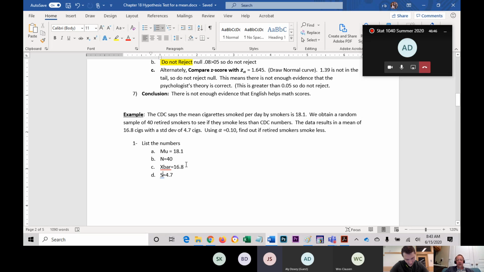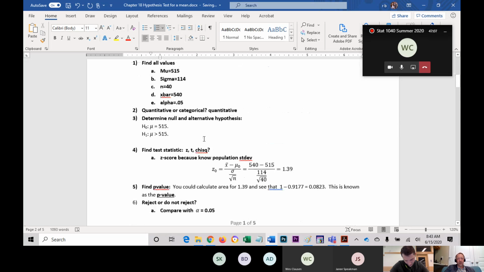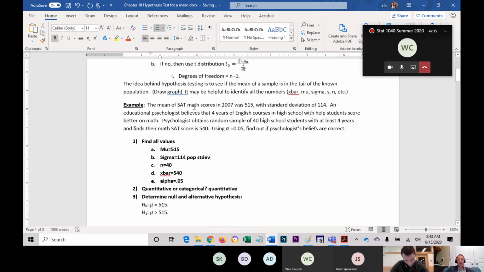Okay, so what does S mean then? What's the difference between S and sigma? It's the sample standard deviation instead of the population standard deviation. Yeah, this is your sample standard deviation. Whereas up here in this other one, we use sigma because this was the population standard deviation. If we look at the previous one, we're saying that the mean SAT scores for the population, it doesn't say population, but this is the population.